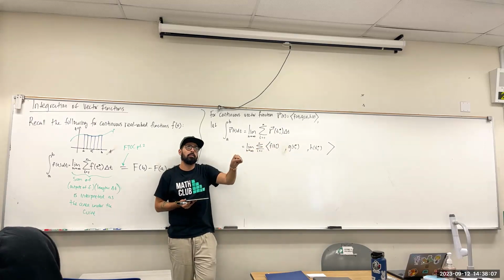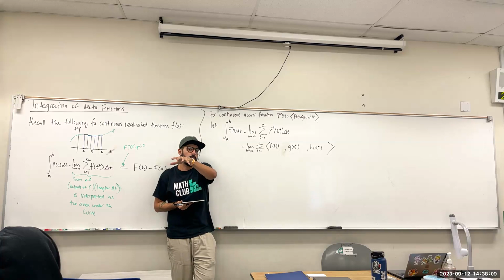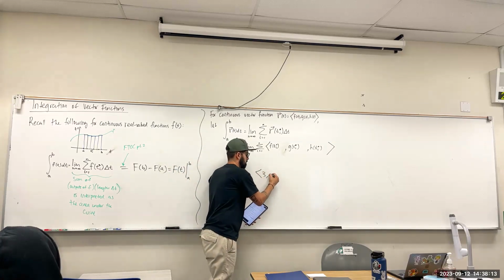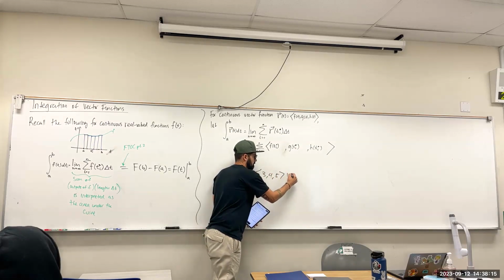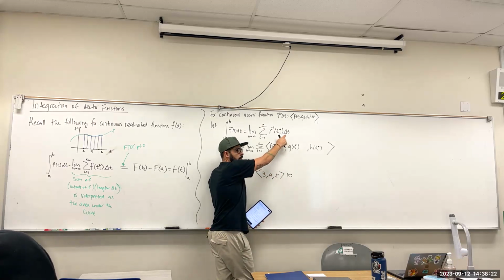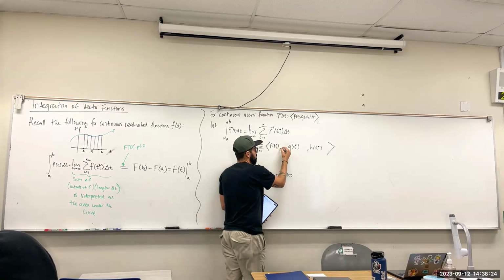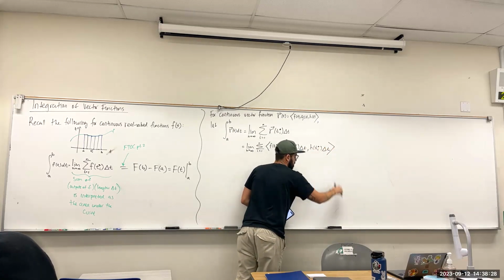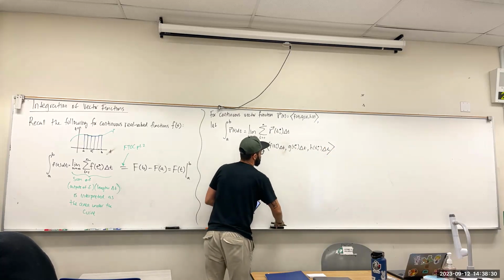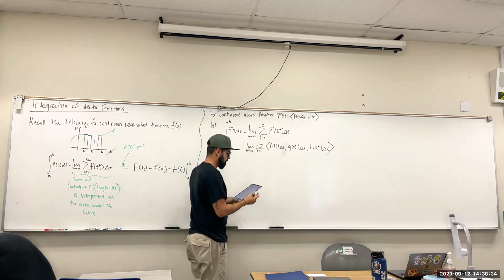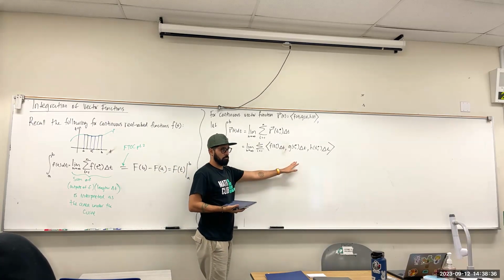What happens with a scalar when you multiply it with the vector? What do I do with that 10? It just multiplies to each of the components. So what do I do with this delta t? I just multiply it with the components. And then I add all these up.